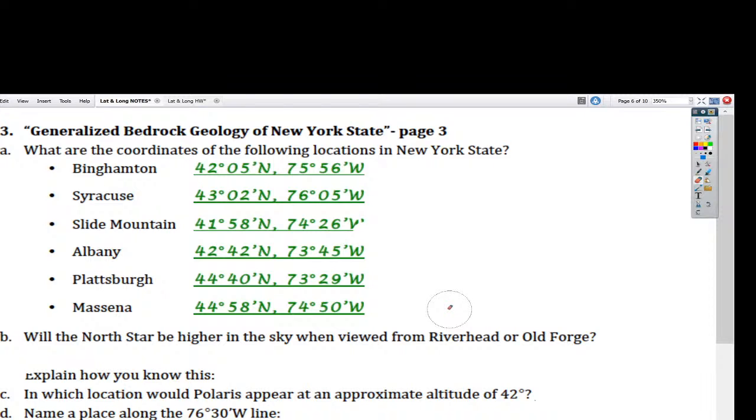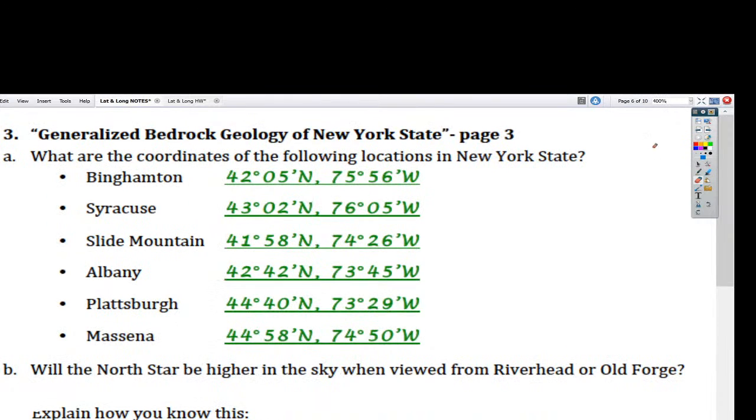I'm going to zoom in a little bit more because I feel like this is hard to see. Yes or no? Okay, that's good. That's the concept. Remember. Which one are you doing? Plattsburgh? Albany, okay.